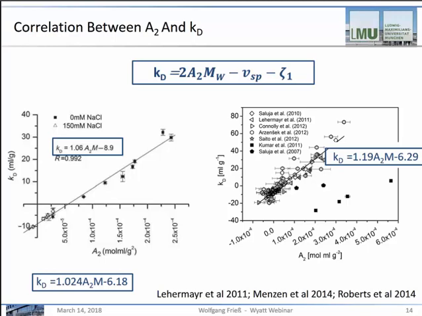Very similar equations were derived by Roberts, you see in the left bottom corner, and by ourselves, where we looked at various different antibodies and various different studies and tried to correlate the KD with the A2 values and data presented there.